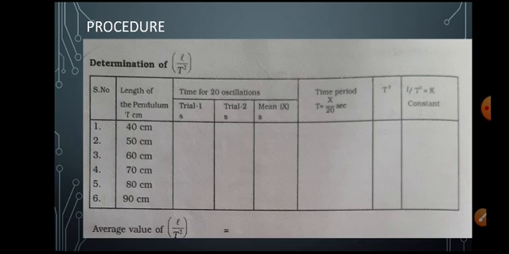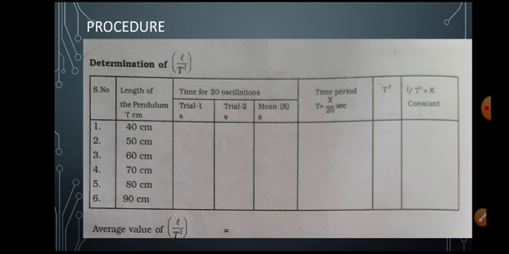Now you change the length of the pendulum. Change the length of the pendulum, then repeat the same experiment for 20 oscillations and note down the time taken for the 20 oscillations.